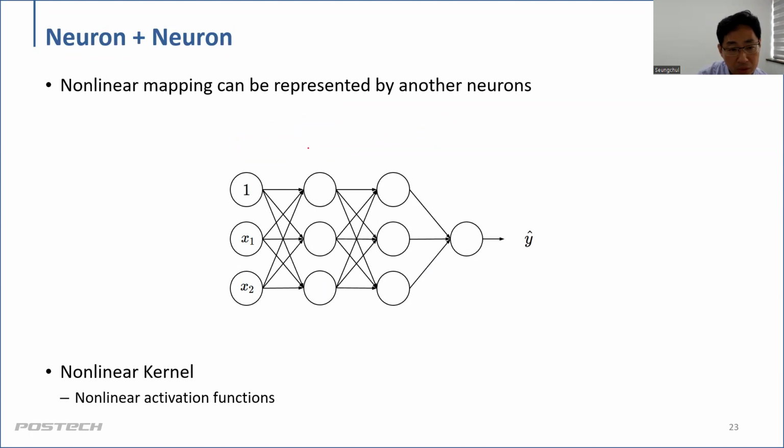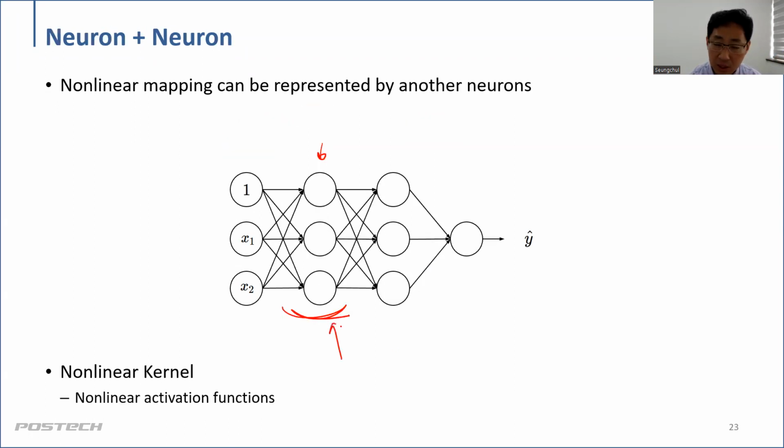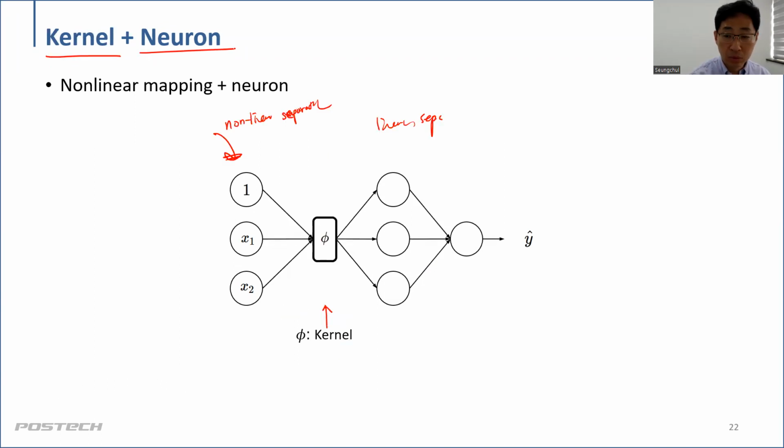Over there, we can do linear combinations of the nonlinear functions, so basically we can represent any kind of function. Functionally, this layer is working as a kernel. If you look at the titles, you start from kernels plus neurons.